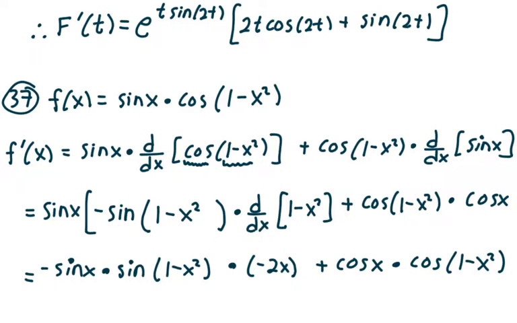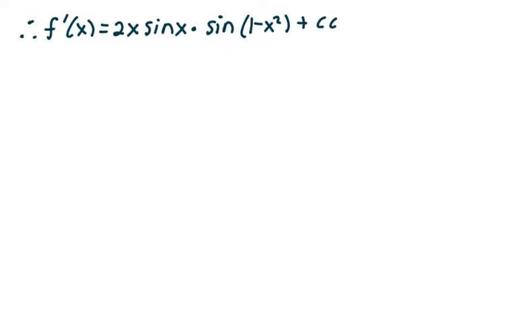And so remember, a negative times a negative is a positive. So what this tells me is f prime of x is equal to 2x times sine x times sine of 1 minus x squared plus cosine x times cosine of 1 minus x squared. And that's problem number 37.